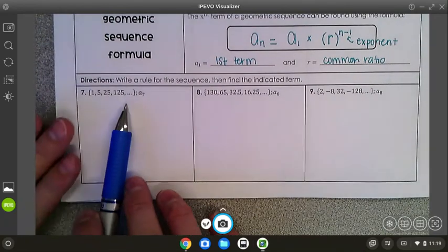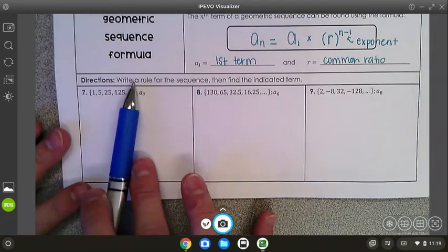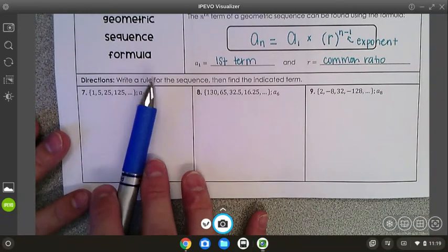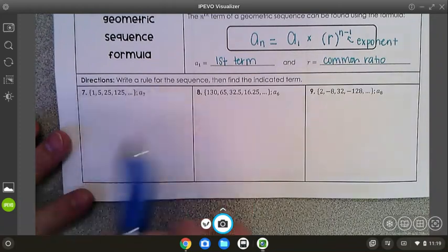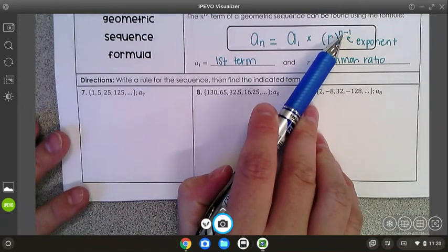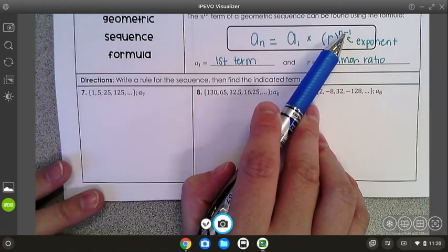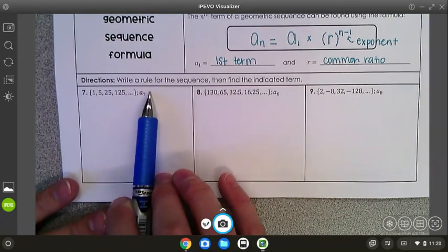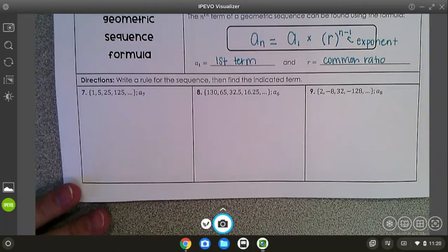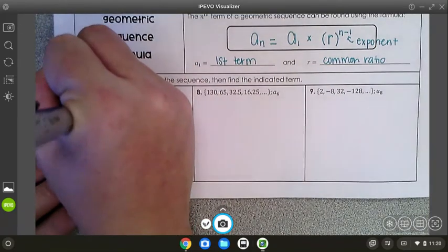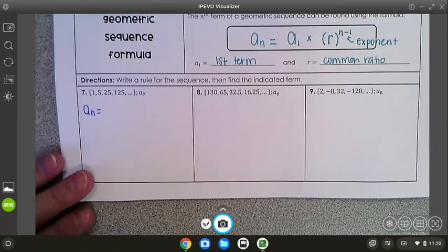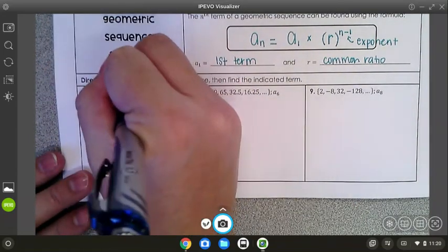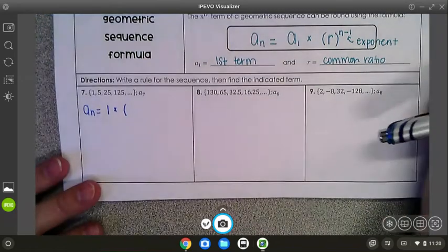So number 7, we're first going to write a rule. Remember, when we write a rule or we write an equation, we don't plug anything in for n to start. The time when we plug in for n is when we're actually finding a specific term. So a_n equals, my a_1 is 1 times my r.